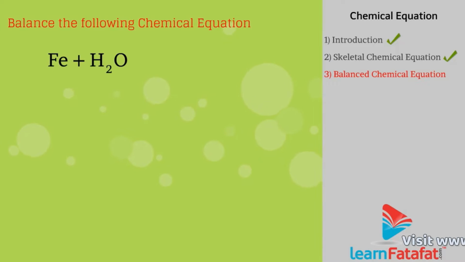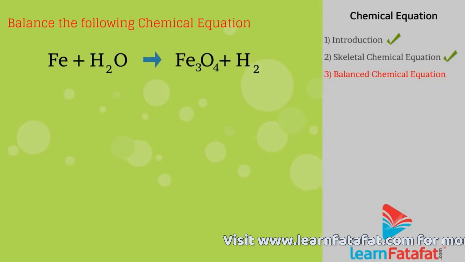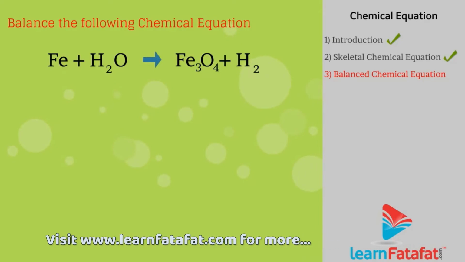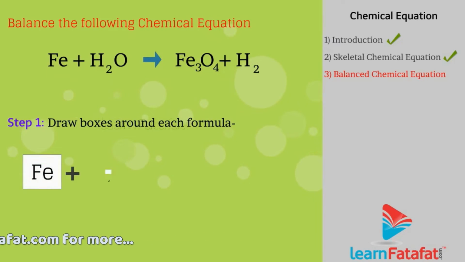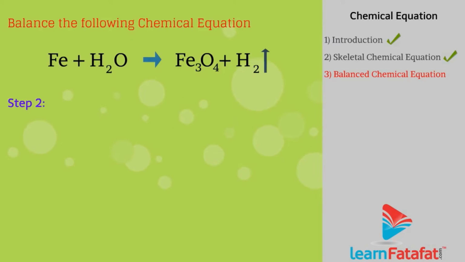Balance the following chemical equation: Fe plus H2O gives Fe3O4 plus H2. Step 1. Draw boxes around each formula. Step 2.